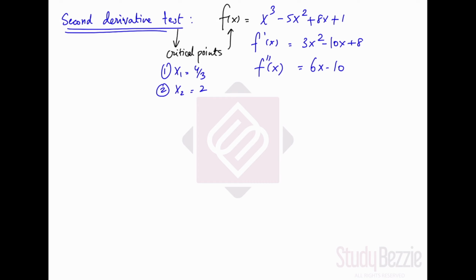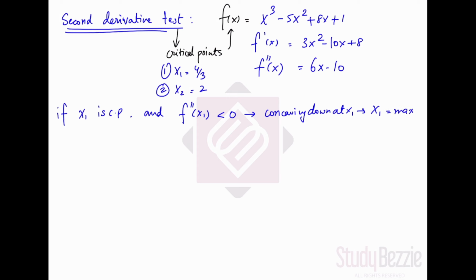So to do that, we're going to apply the test. The test is as follows. So if x1 is a critical point, and the second derivative's value at x1 comes out to be less than 0, which implies the function is concaving down at x1, that means x1 would be a max.